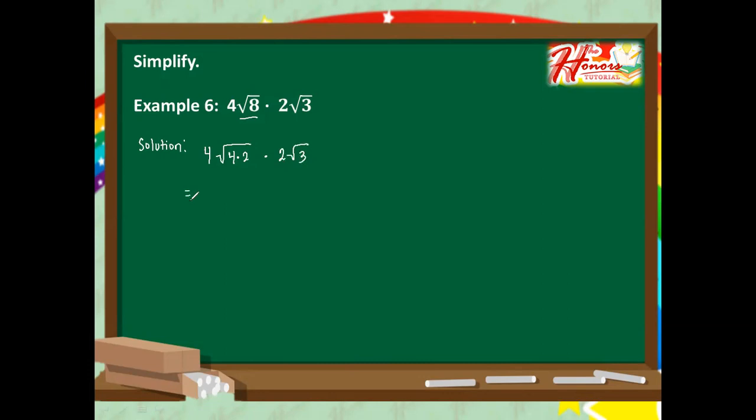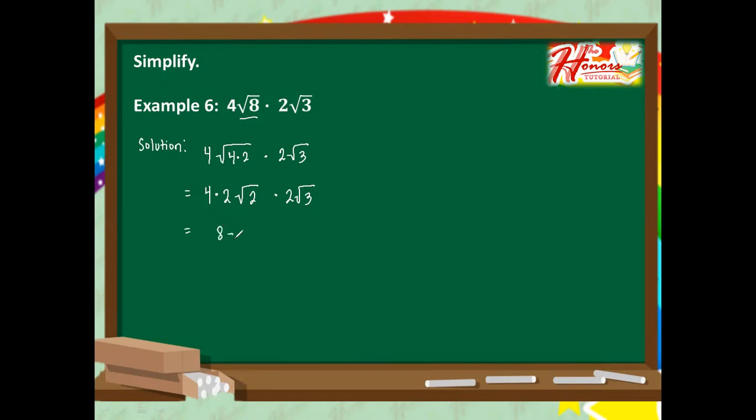Then let's continue. Let's copy 4, which is outside the radical symbol. Square root of 4, that is 2, so it will become times 2 square root of 2 times 2 square root of 3. So let's simplify 4 times 2, that's 8.